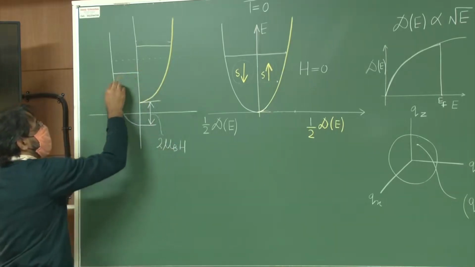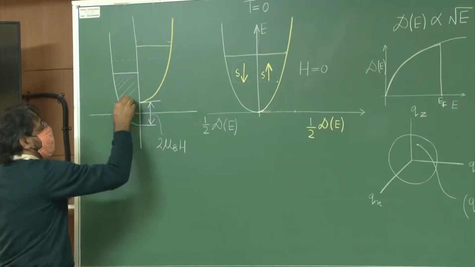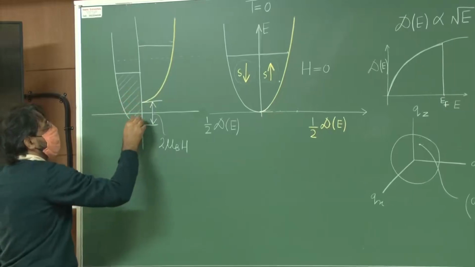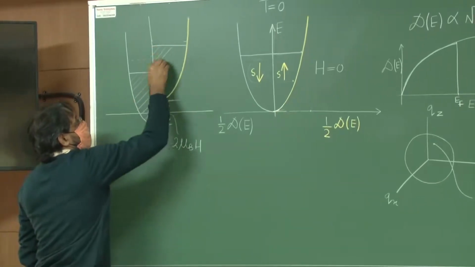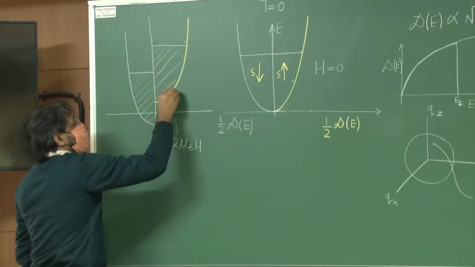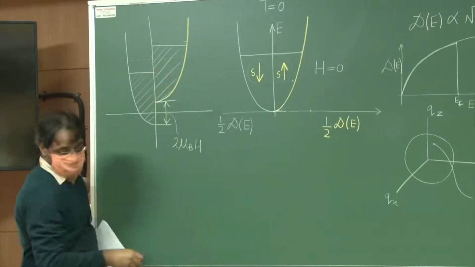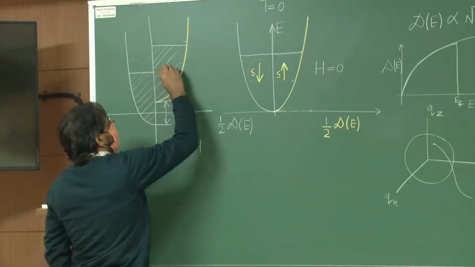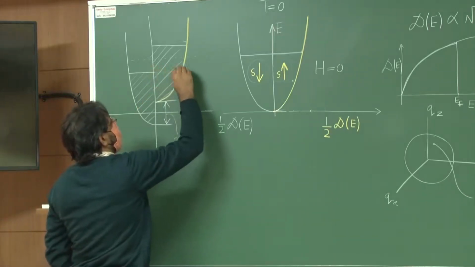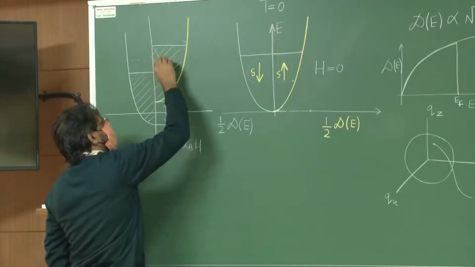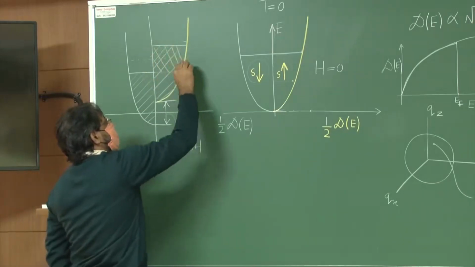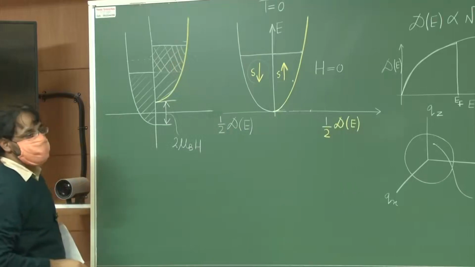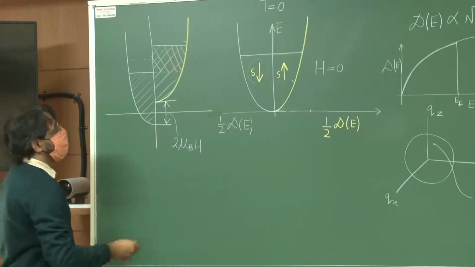So, basically, the population difference between up and down is approximately this double hatched region, right.